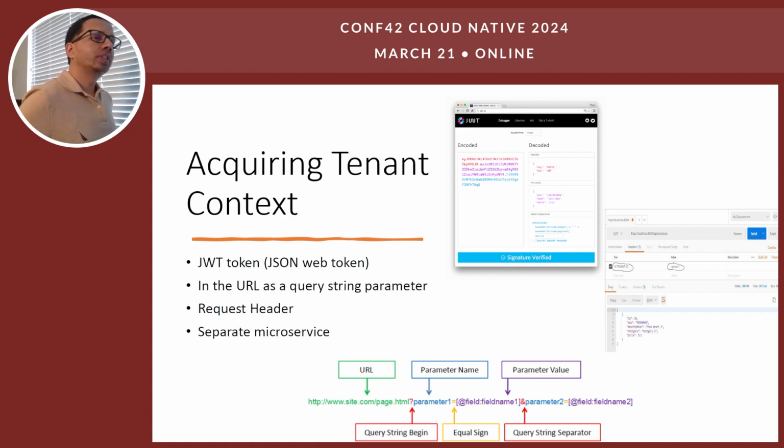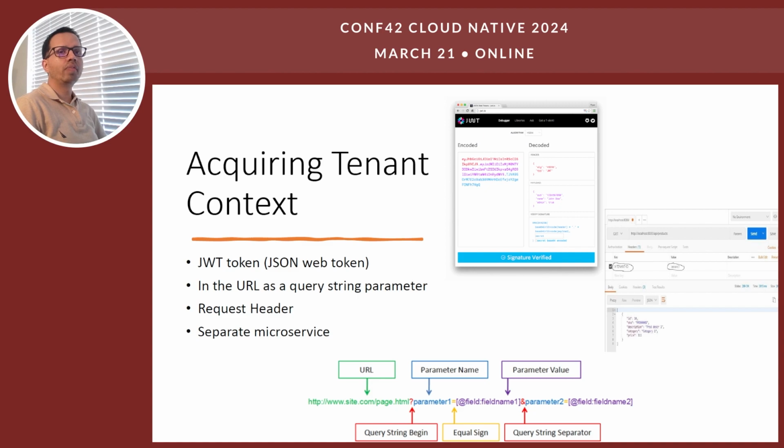But the question is how to flow this tenant context. There are several ways to do this. The most used option is using the JWT token, which is what we call a JSON Web Token as well. So what is a JWT token? It is basically a base64 encoded string split into three parts: header, payload, and signature. The header gives us the type and hashing algorithm.